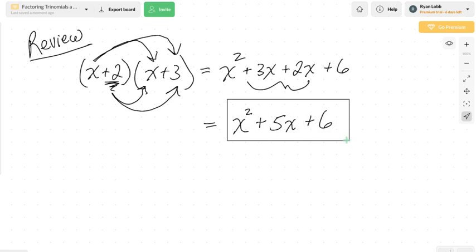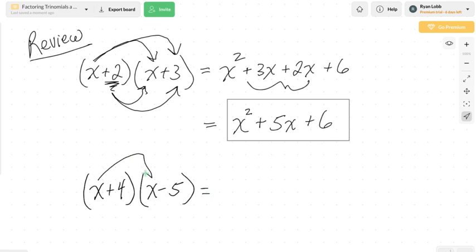All right, let's do one more of those. Let's go with x plus 4 times x minus 5. Same thing: x times x is x squared, then x times negative 5 is minus 5x. Now we have to distribute the positive 4.